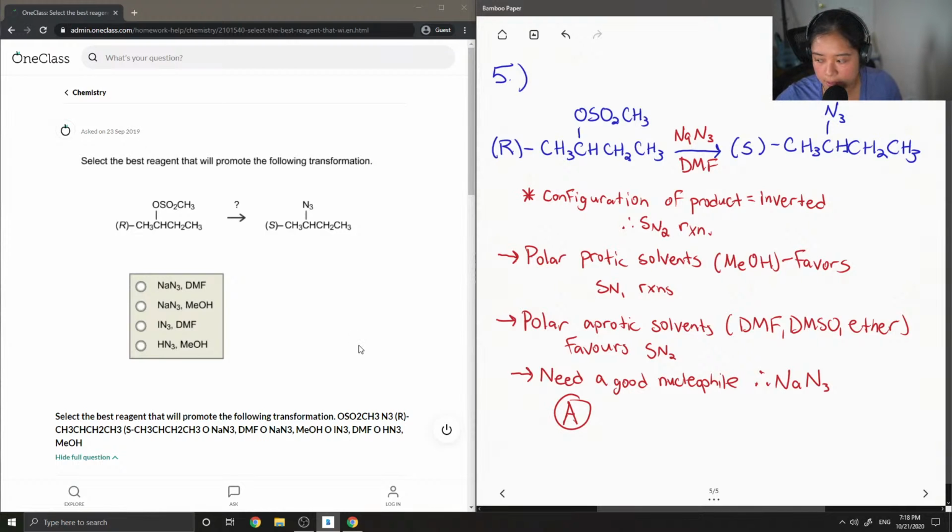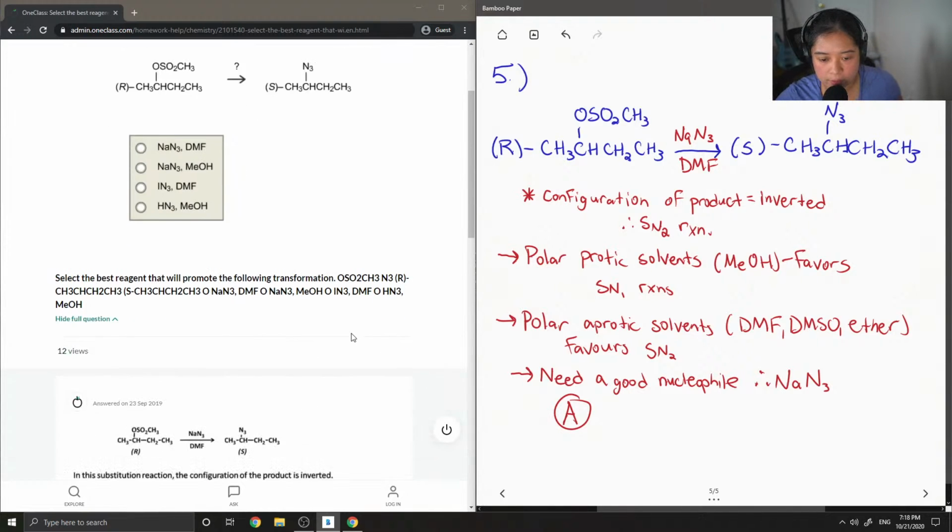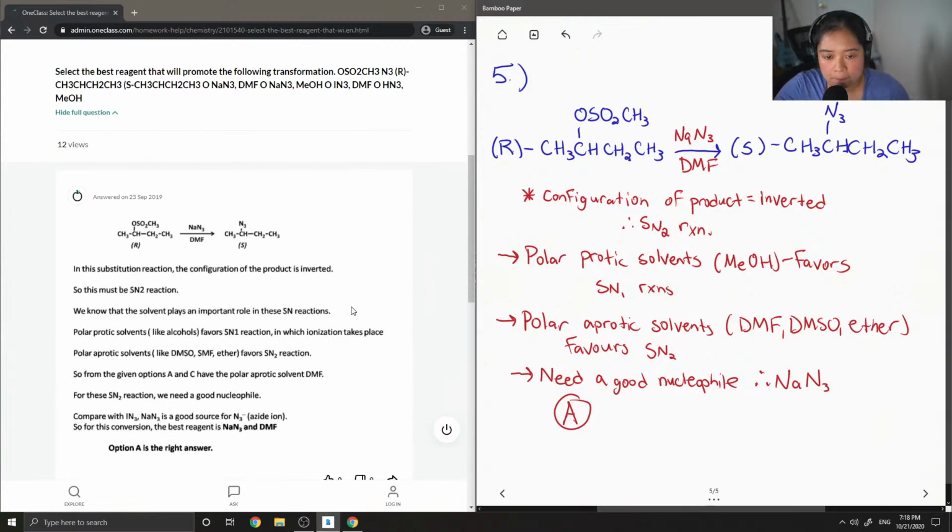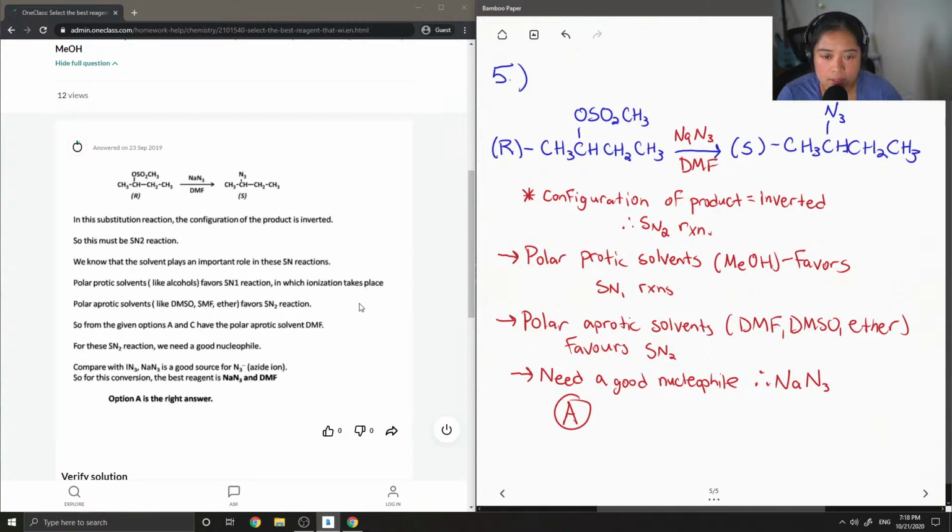Let's check out the answer from our junior tutor. In this substitution reaction, the configuration of the product is inverted, so it must be SN2, yep. Polar protic, like alcohols, favors SN1, in which ionization takes place, and the polar aprotic solvents, such as DMSO, DMF, ether, favor SN2.